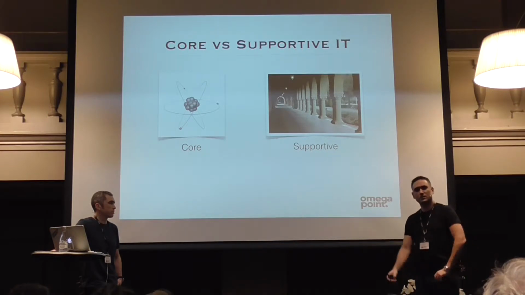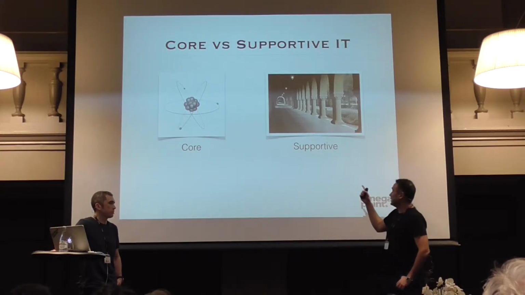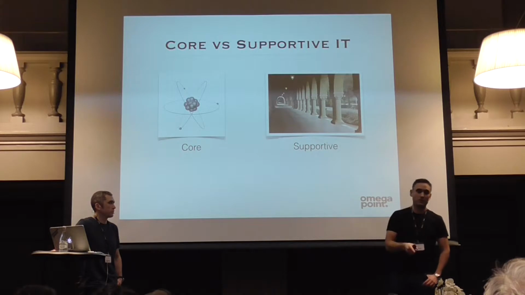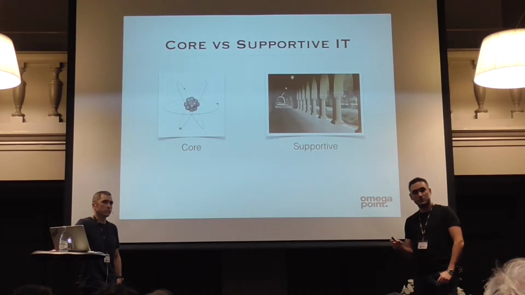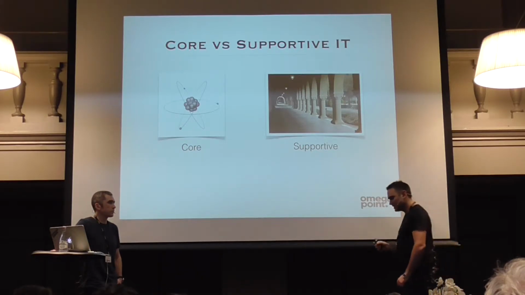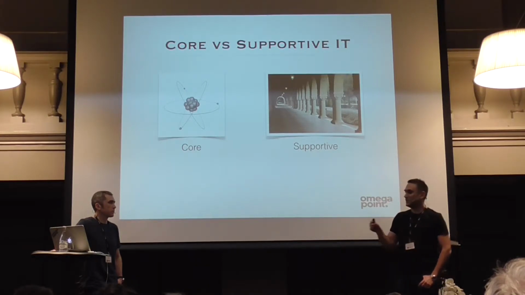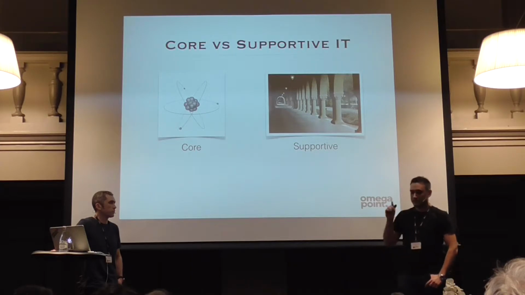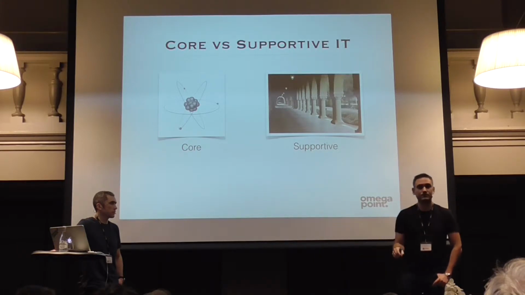I mean, you have time. And even worse, if they view it as supportive, but it turns out that it's core. Because then there will be competitors that used to have the same view as you that start to realize, wait a minute, we're actually an IT company. And IT is our core business. Because now you need to convince them that not only do we need to implement continuous delivery, we need to say that IT is core business, and whatever you think is core is supported. And that makes it really hard.